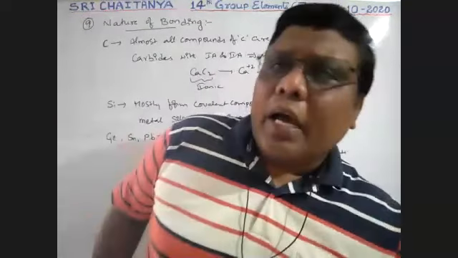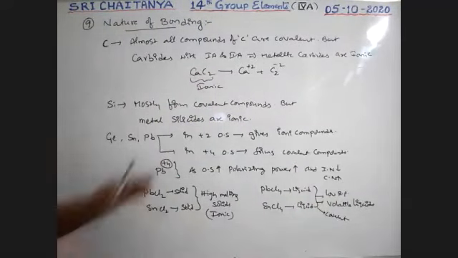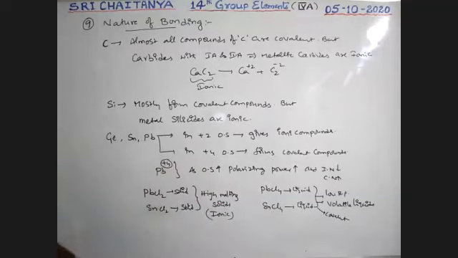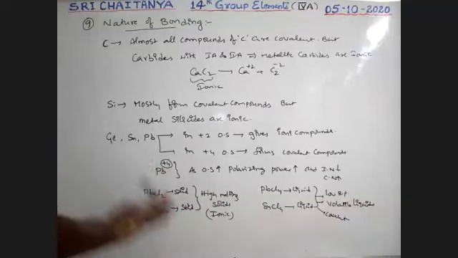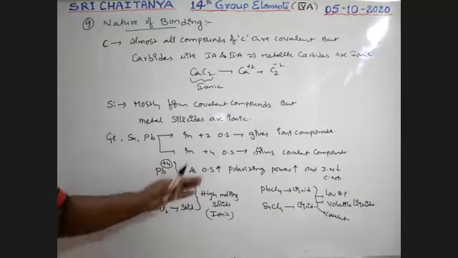Let us observe one by one how a pi bond is formed with p orbitals, how a pi bond is formed with d orbitals, and how a sigma bond is formed with d orbitals.